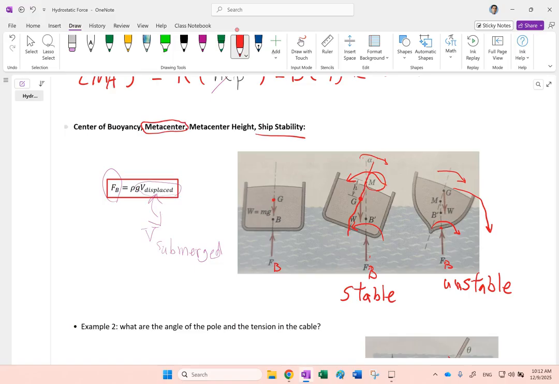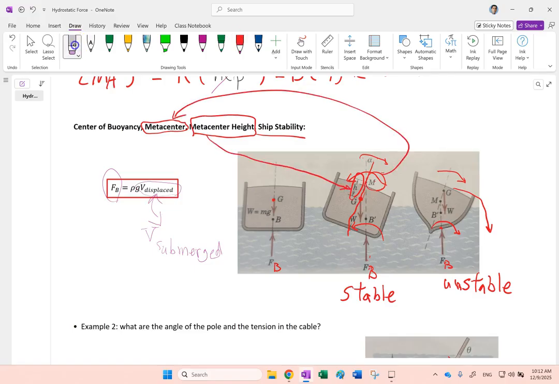It's called the metacenter. Now, the distance between the metacenter and the center of gravity, this h, is what we call the metacenter height. So we have the metacenter and we have the metacenter height.